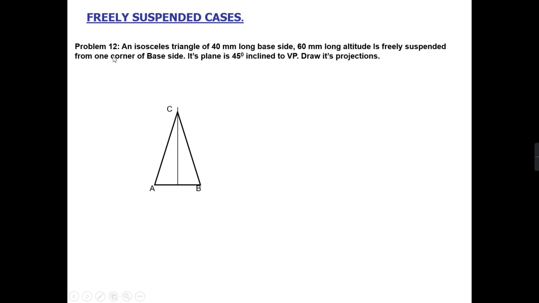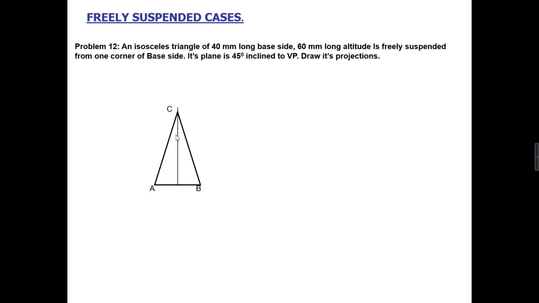Now, it is asked you to freely suspend the isosceles triangle. You can suspend it from the B or from the A. If you are suspending it, then from the law of physics, if you are suspending the triangle from the point A, then this point and the center of gravity of this triangle should be on the vertical line.